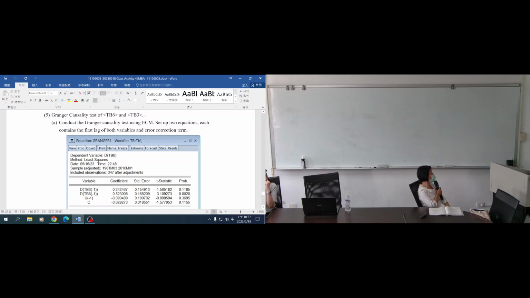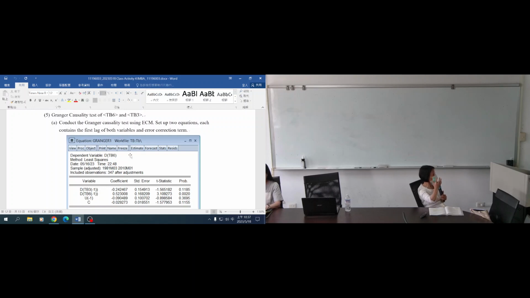Even if it is under ECM, I do have two models, right? One is the long run model, the other one is the short run model. The difference is looking at the short run. But isn't this the short run model? But Granger causality is looking at the long run, meaning which variables always precede the other one.